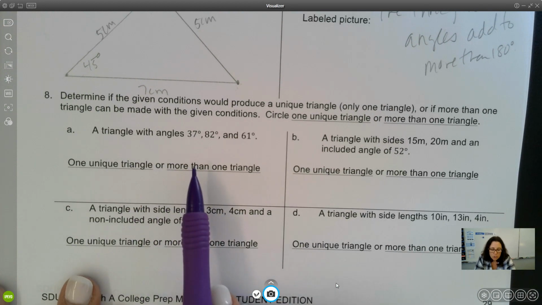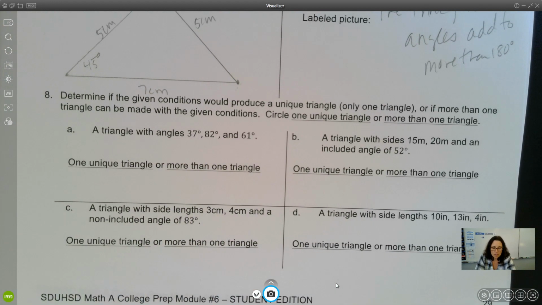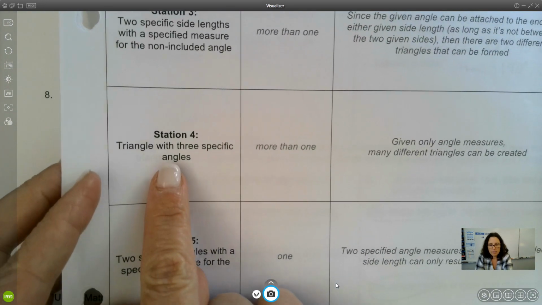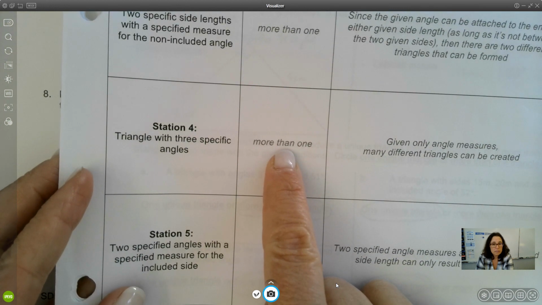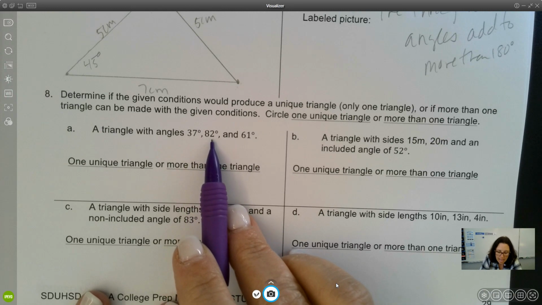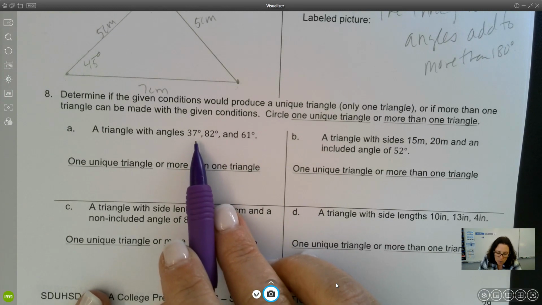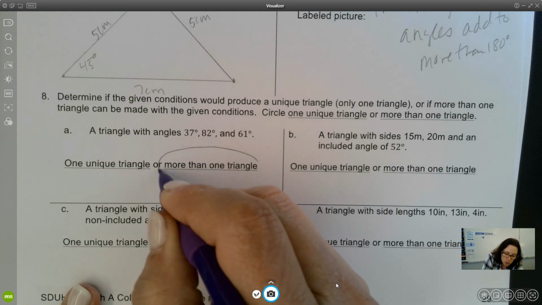All right, so if you are given 3 angle measurements, let's go back to this sheet right here. 3 specific angles is more than 1. We need to make sure that this adds to 180 first, and it does. I just did a quick check in my head. So more than 1.